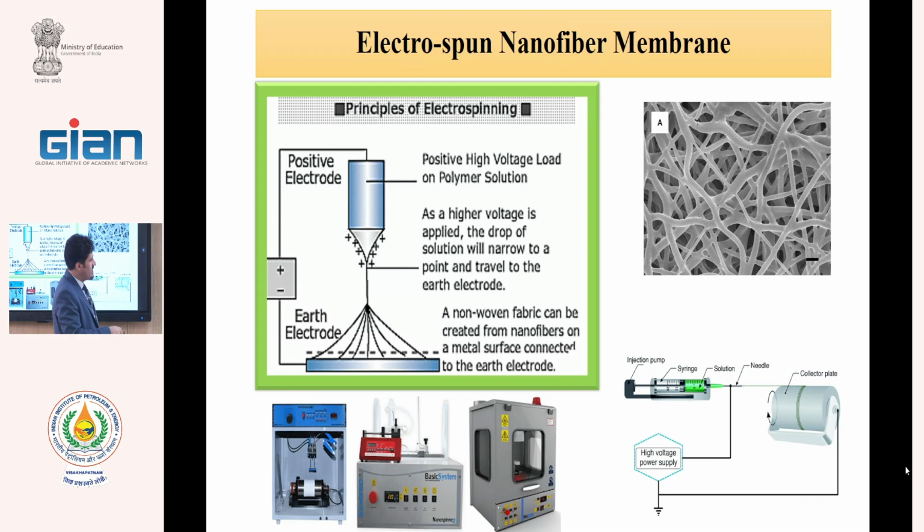Usually, this system, collector and syringes, is put in a chamber because we have a high voltage, and it can be dangerous. And we must use some equipment that does not conduct electricity and should be isolated.